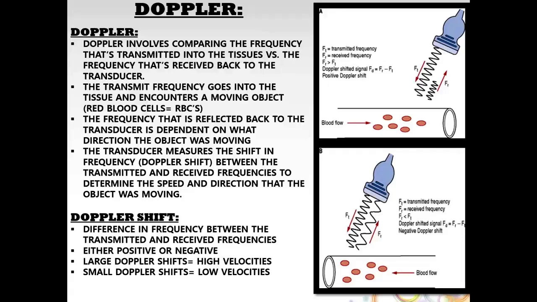A Doppler shift is when there's a difference between these two frequencies, when they're not the same. When you have a really large Doppler shift, or a really large difference between the transmitted and the received frequencies, that is dealing with higher velocity flow. When you have a really small Doppler shift, or a small difference between the transmitted frequency and the received frequency, those are low velocity flows.